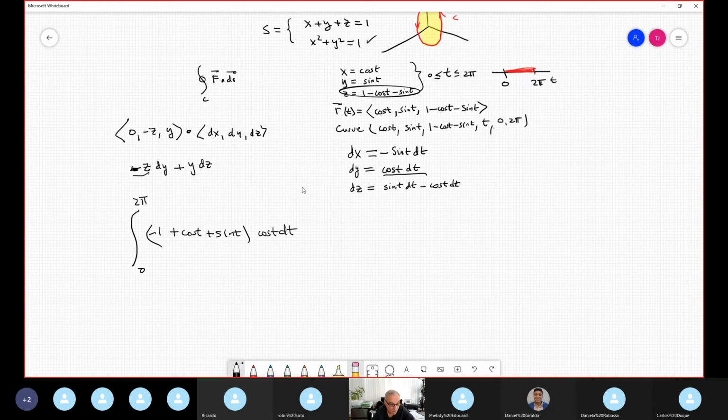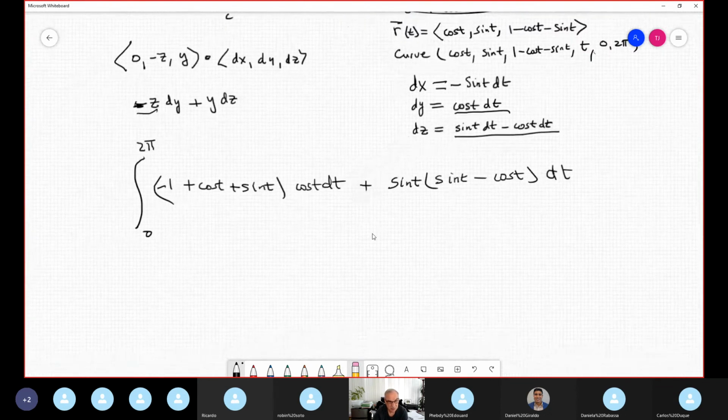Now let me see. Okay. Plus y. Who is y? Sine. Multiplication by dz, and this is dz. Dz is sine t. No paréntesis. Minus cosine t dt. Okay, let me try to manipulate a little bit. Okay, at least the algebra inside the integral. This is no big deal. Okay, this is minus cosine t dt, no? Okay, distributive property here.